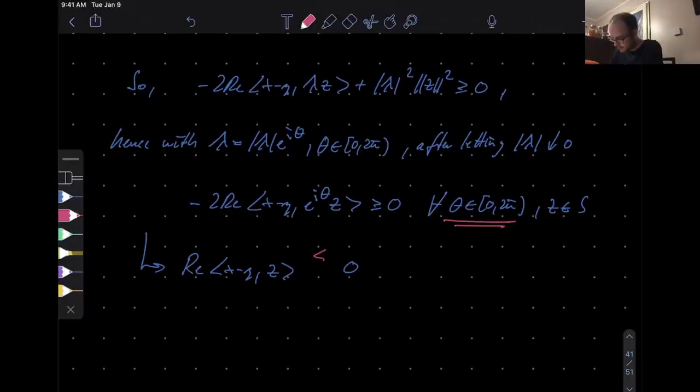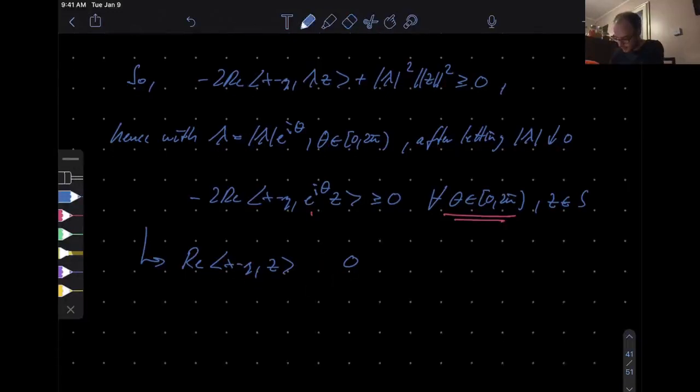So it would tell you that the real part is non-positive. But then if you choose, in the next case, theta equal to pi, then you get a minus sign here. So you would have now that the real part of the inner product of X minus Y and Z is non-negative, right? So these two inequalities put together give you that this guy has to be equal to 0.